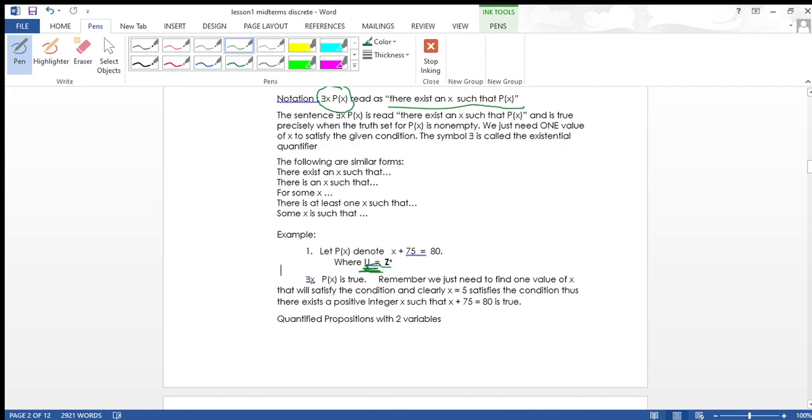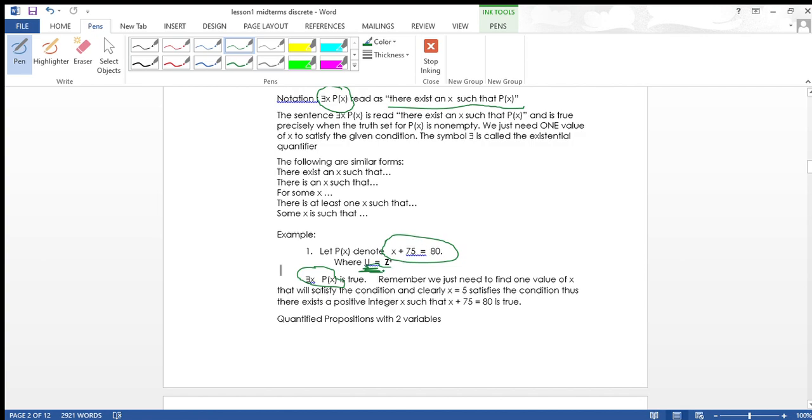To make our proposition true, since our quantifier is the existential quantifier, we just need one possible value of x to be substituted in this equation to make it true.